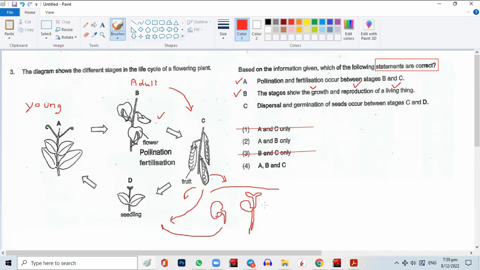They germinate into a young tree like that. From the seed, roots grow, the shoot grows, and then it becomes a seedling. So is this statement correct? Dispersal and germination occurring between C and D? You have the seed dispersal and the seedling happening here? Yes, so C is correct, right? That means I have to pick A, B, C. So where is the answer? Number 4.